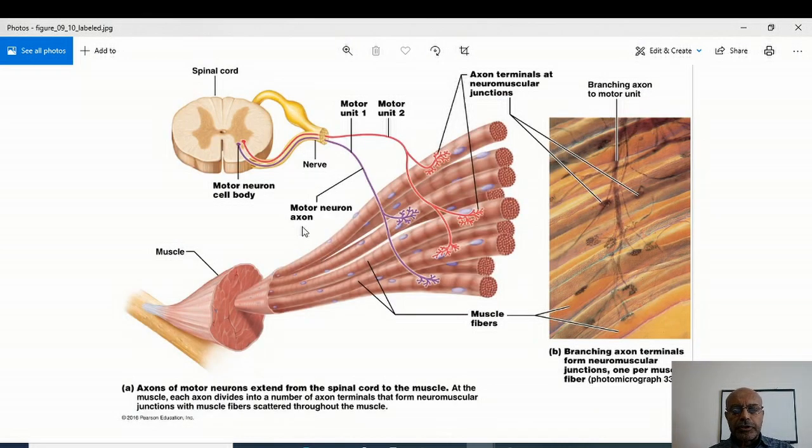Here is a picture showing a neuromuscular junction. This is, by the way, a section through the spinal cord. Look at a nerve coming and getting attached to a skeletal muscle cell or a muscle fiber. Look at this junction. Each and every skeletal muscle cell is attached to a specific nerve or branch of a nerve.